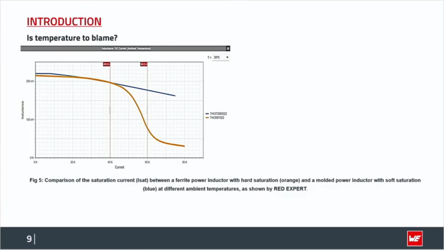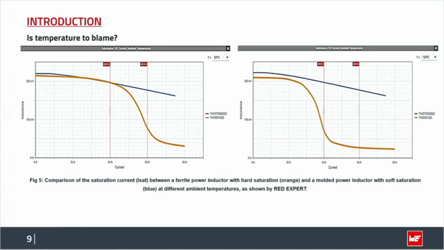We have two power inductor families in Würth Elektronik's portfolio. The blue one corresponds to a molded power inductor with what is called soft saturation, and the orange one corresponds to a power inductor with hard saturation. There is a gap here between 40 amperes and 60 amperes, and those are the curves at a temperature of around 20 degrees.